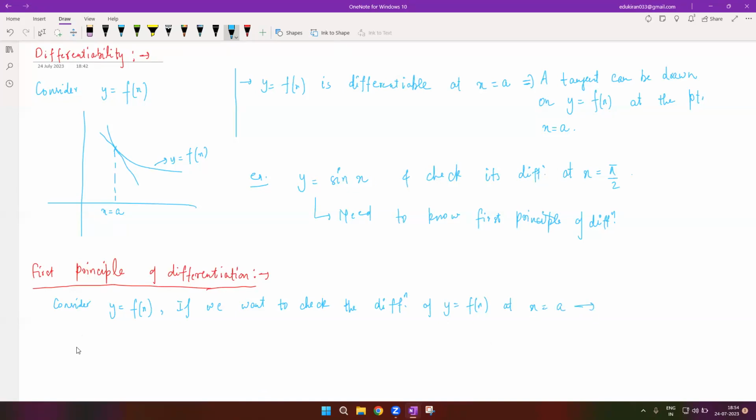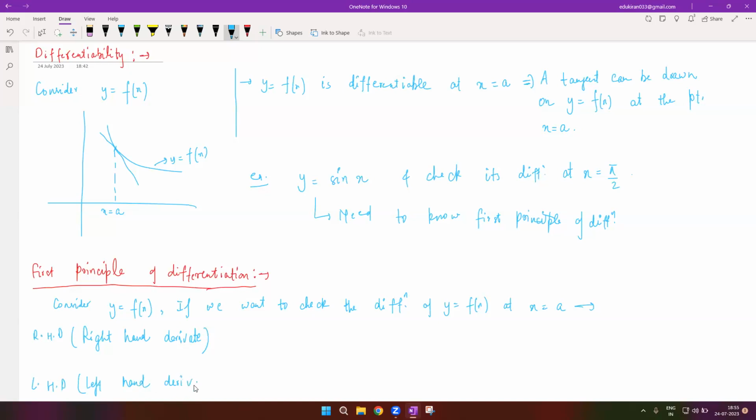We will check two things: the right hand derivative, which we call RHD, and the left hand derivative, which is LHD. So we will find out these two things.